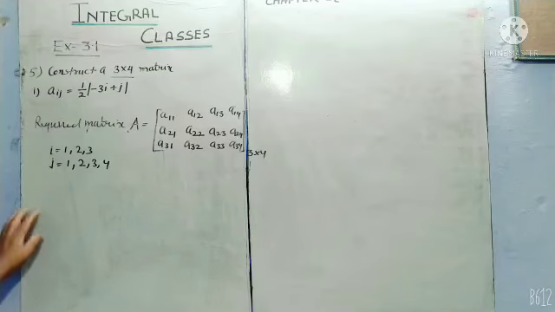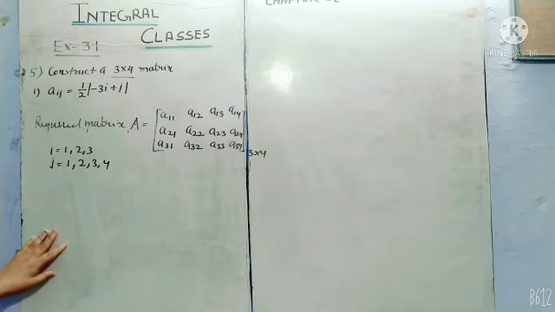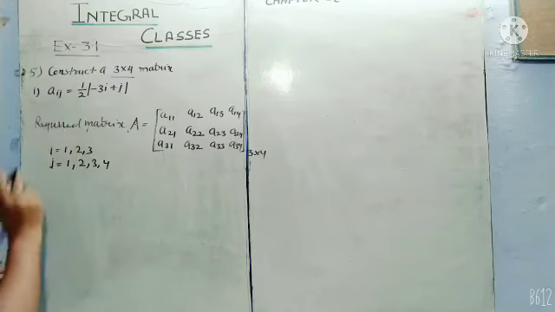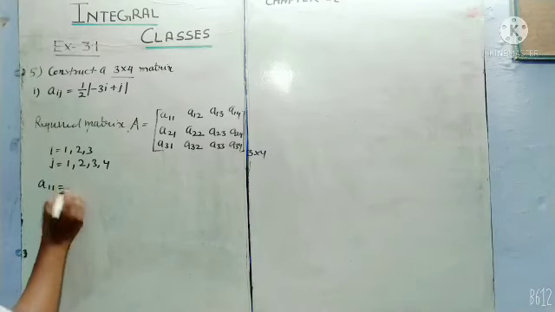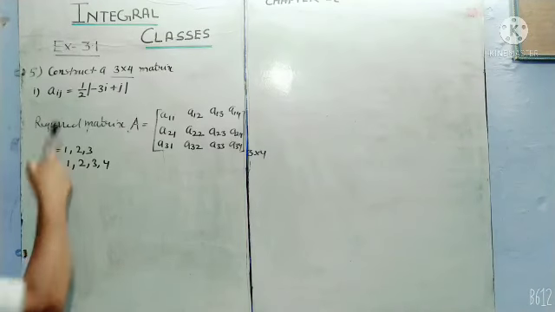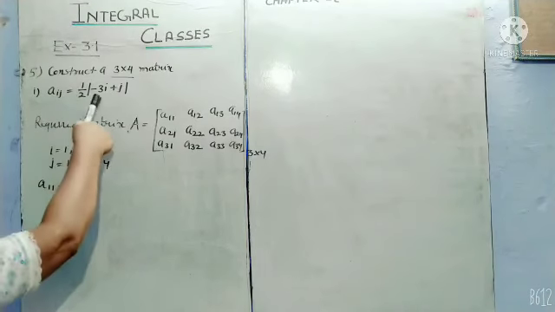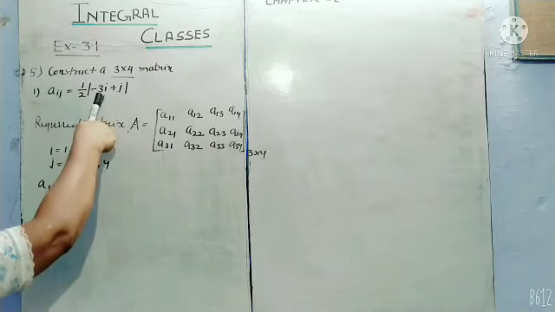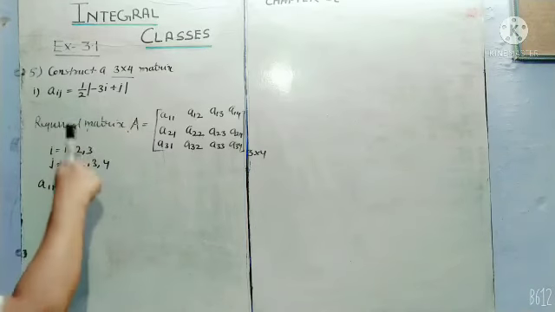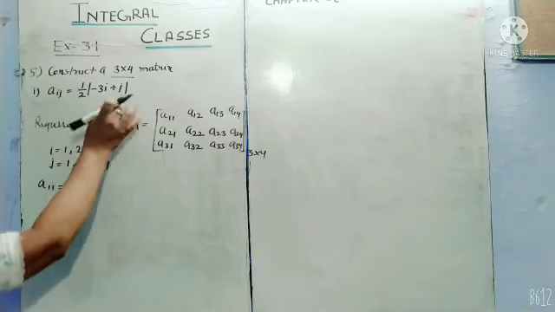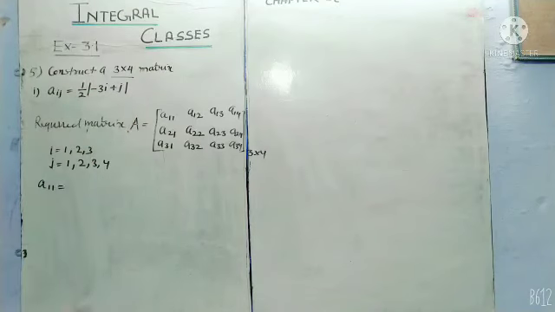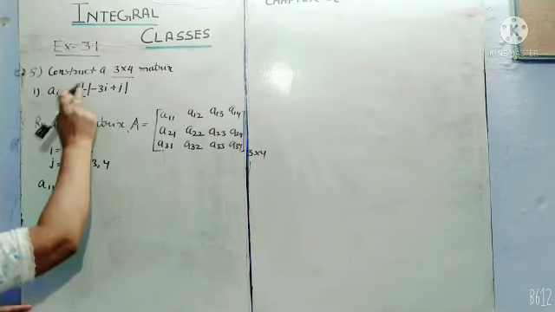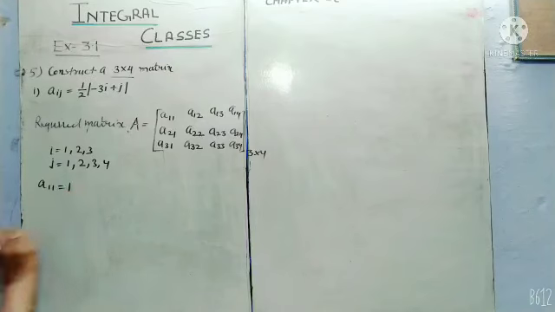Now put the values for first A11: i equal to 1, j equal to 1, then 1 by 2 into minus 3 into 1, minus 3 plus 1, minus 2. It is inside the absolute value, so it becomes positive, 2, 2 by 2 equal to 1.